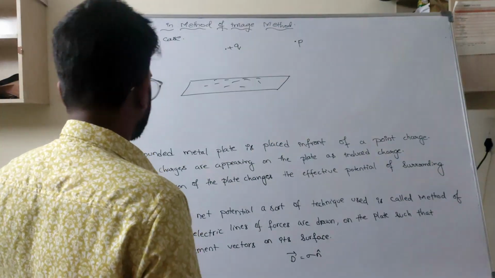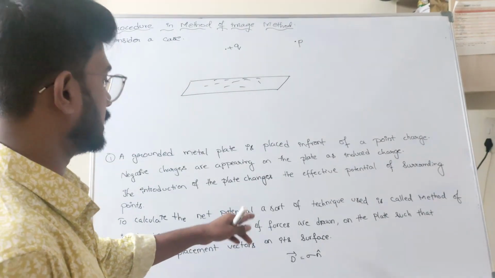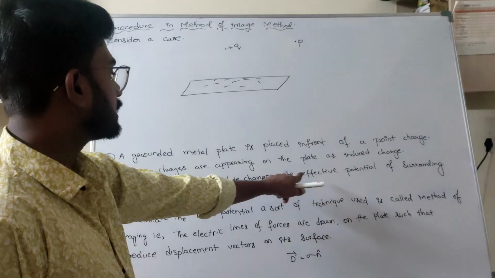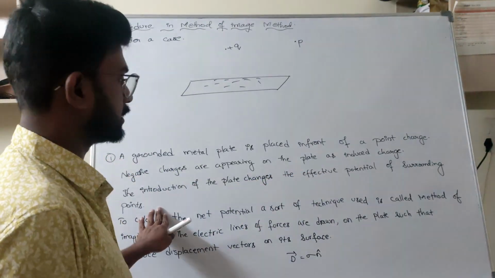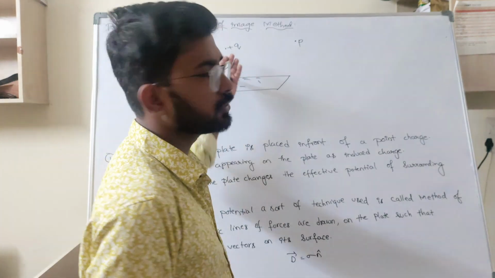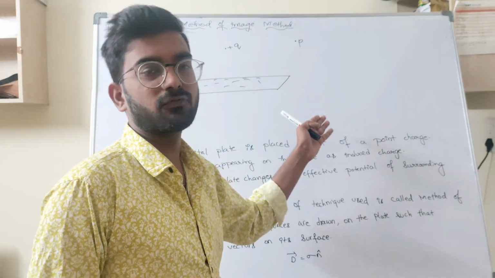Correct? Next, to calculate the net potential, a short technique is used, and the introduction of the plate gives the effective potential on the surrounding points. Effective potential means the potential due to the plus q charge and the potential due to the negative charges induced on the conducting surface. Correct?